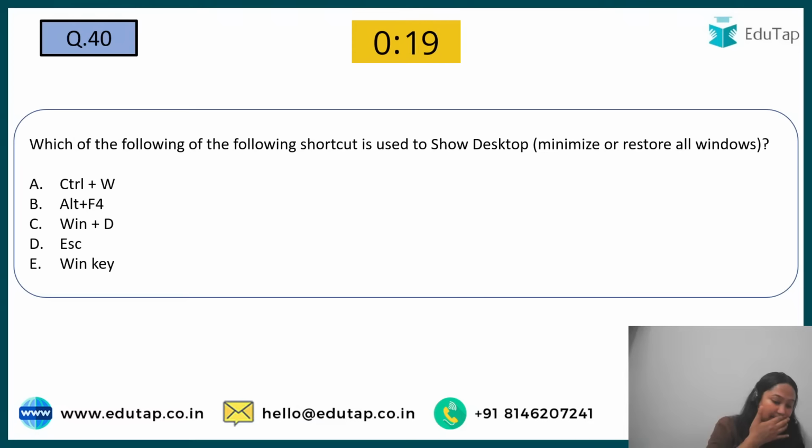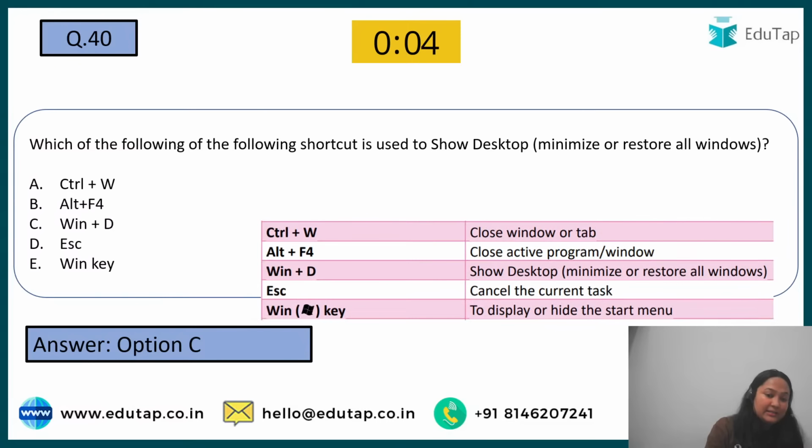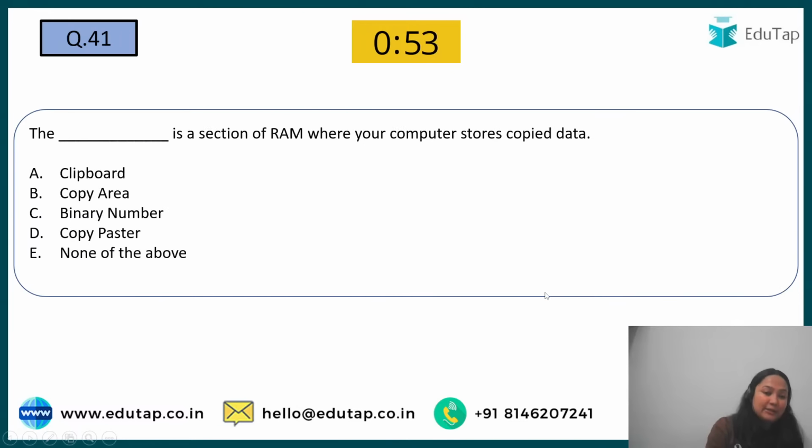If you guys don't know the answer, please write no, so that I know the answer is not there. Option number C I'm getting as the answer. Okay, correct is C. Window D, if you press, you will be able to get the desktop. Control W is for closing window, Alt F4 for closing all program, window D for showing desktop, escape key to cancel the current task, and window key to start the menu.